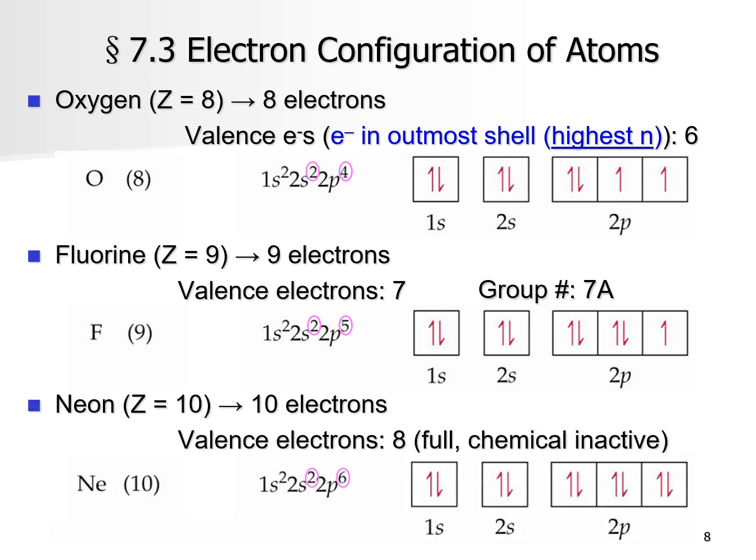And finally, neon. And we realize that according to the orbital diagram, all the orbitals are filled in full.